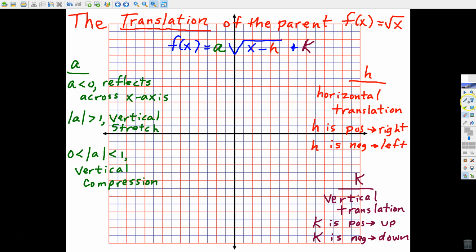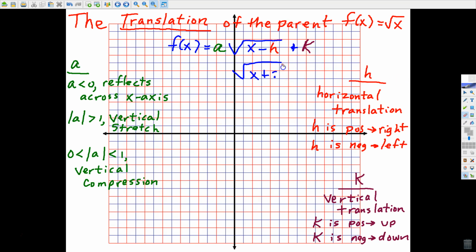Okay, if this ended up being, for example, the square root of x plus 2, well, h now has to be a negative 2. In order for this to become plus, we must be subtracting a negative number. And that negative number is negative 2. So this would actually be moving 2 places to the left. And then whatever k is tells us how to move up or down.